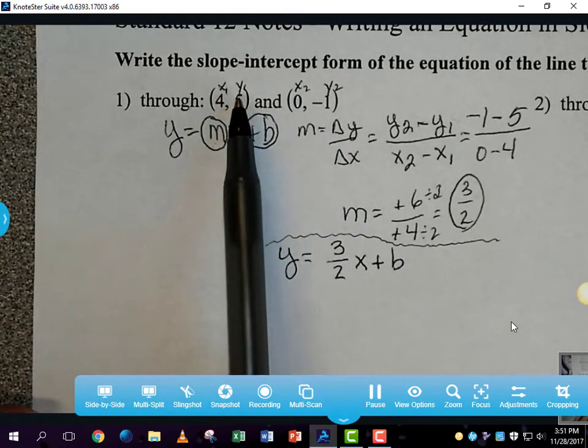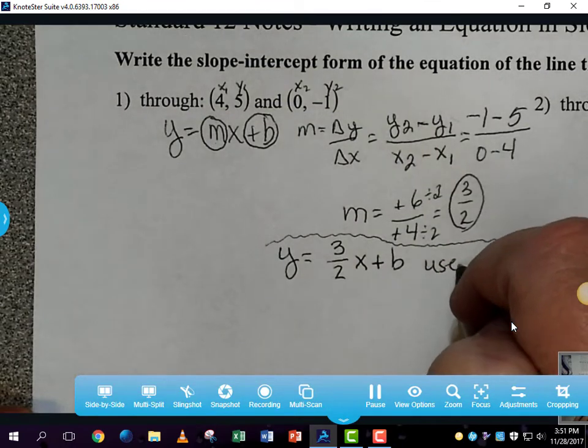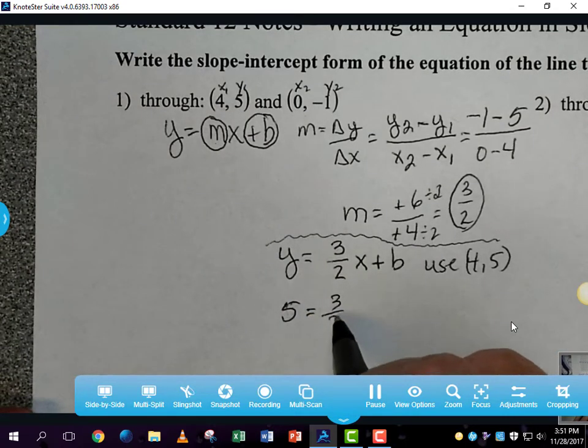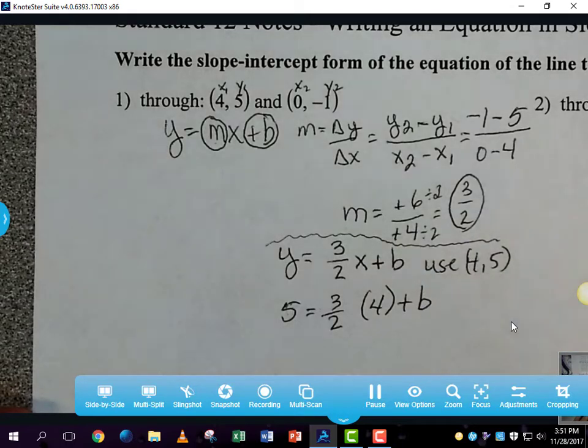If I use this one, then y will become 5 and x will become 4. So if I use 4 comma 5, I would get 5 equals 3/2 times 4 plus b. And we know that 4 comma 5 is on the line we're trying to write the equation for. 4 comma 5 is a solution.